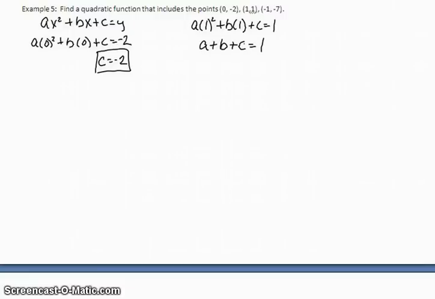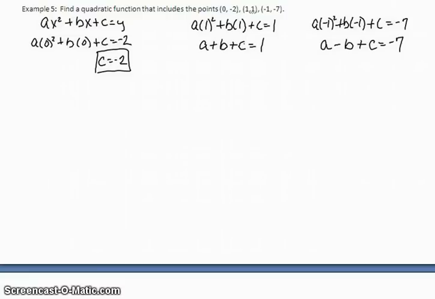And lastly, I put in negative 1, negative 7. That's a times negative 1 squared plus b times negative 1 plus c equals negative 7. a minus b plus c equals negative 7.